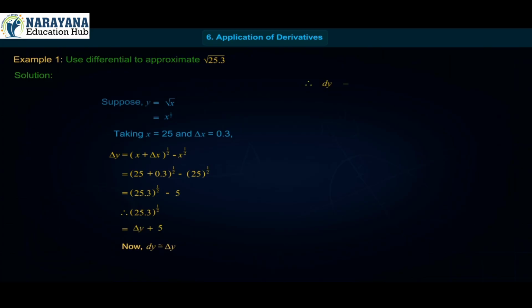Therefore, dy is equal to dy/dx into delta x, which is d/dx of x raised to 1/2 into delta x, equal to 1/2 into x raised to 1/2 into delta x, equal to 1/2 into 25 raised to 1/2 into 0.3, equal to 0.3/10. Therefore, delta y is equal to 0.03.